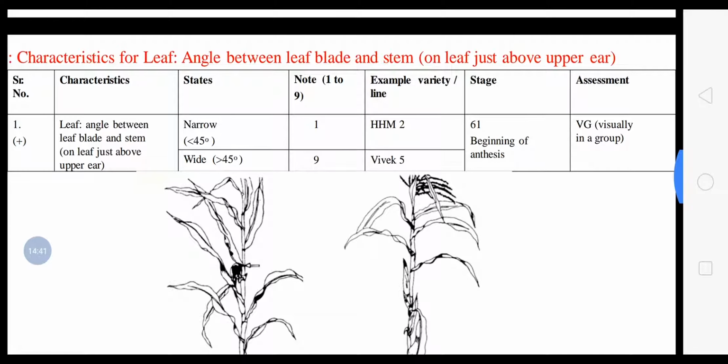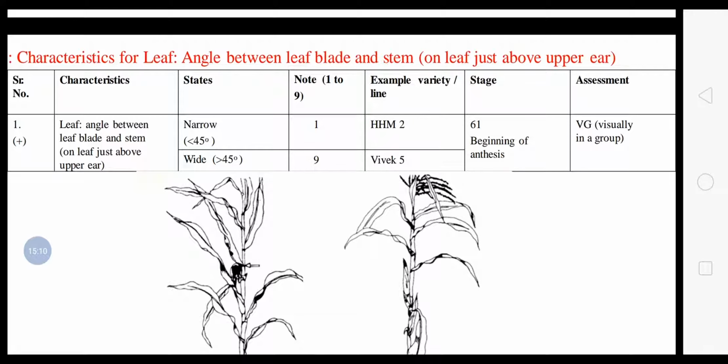Coming to the individual characteristics, from here onwards we shall study the individual DUS characters recommended for maize. The first character is leaf angle, the angle between leaf blade and stem on the leaf just above the upper ear. Here you should remember that whenever we note down the characters, we take the first ear from the top side.